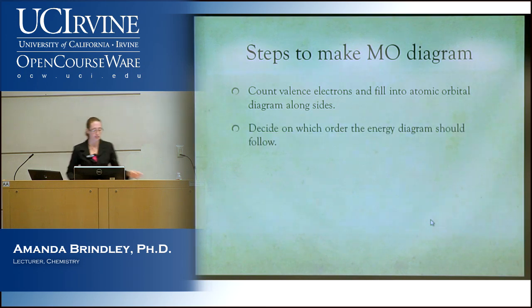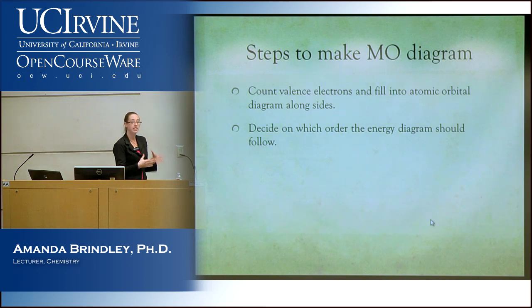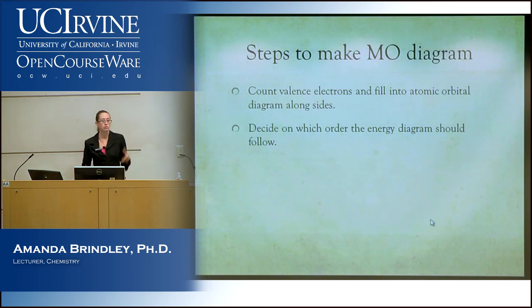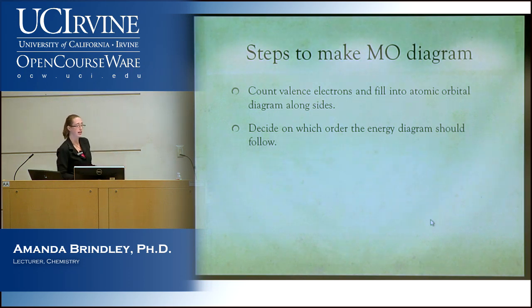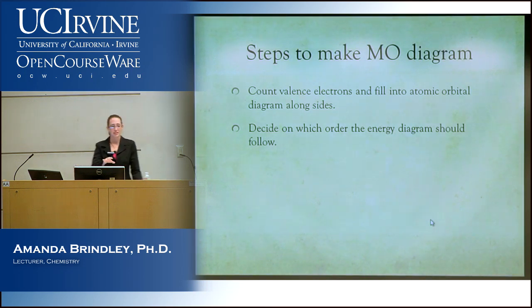So you're going to draw your atomic orbital diagrams off to the sides, all right? You're going to fill in the electrons that you normally would. So, something like carbon, you would put your electrons in your s orbital and your electrons in your p orbitals just like before. Now, this is the part that's going to be a little weird until we actually look at it. I say decide on which order the energy diagram would follow.